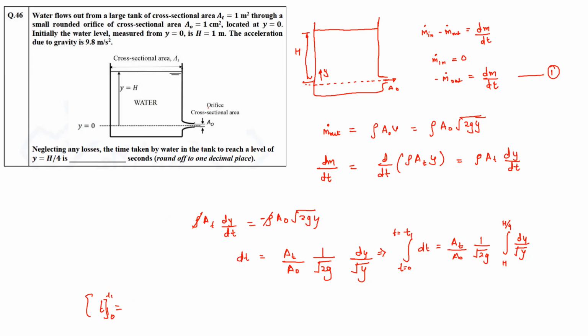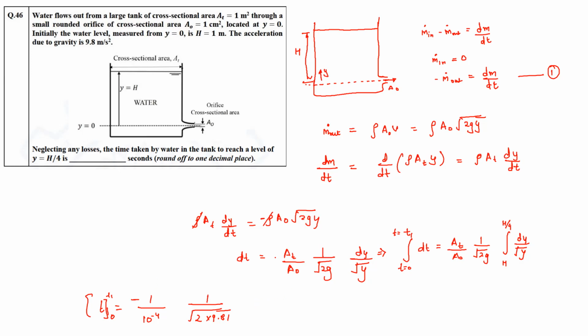A_T over A naught you can just substitute. So A_T is 1 meter square and A naught is 1 centimeter square, so that will be 10 to the power minus 4 meter square. So this is 1 over root 2 times 9.81. And if you integrate 1 over root y, okay, there is a minus here, I think.